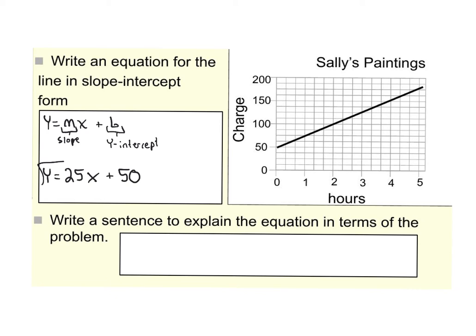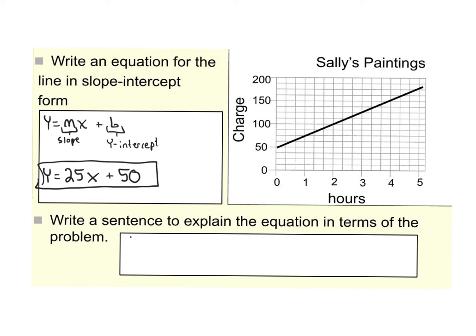And we can now use this equation to find out what the y, the charge, would be for any number of hours to have Sally paint a portrait for us. So when I write this as a sentence, again, I like to start with my y-intercept, because that's kind of our starting point, and then work backwards. But you can really write it any way.